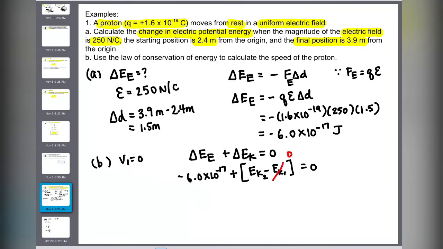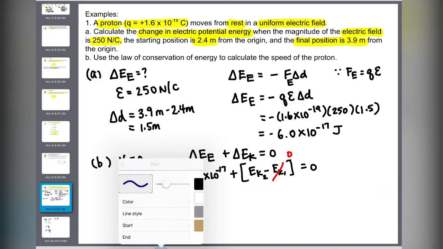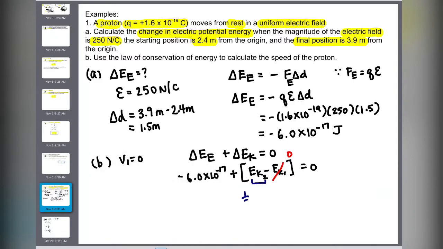Bring the 6 over to the other side. The EK is 1/2 mv squared, which equals, moving this over and making it positive, 6 times 10 to the negative 17. The only thing I don't have is the mass of the proton. Hopefully at this point you know that you can look up the mass of a proton.